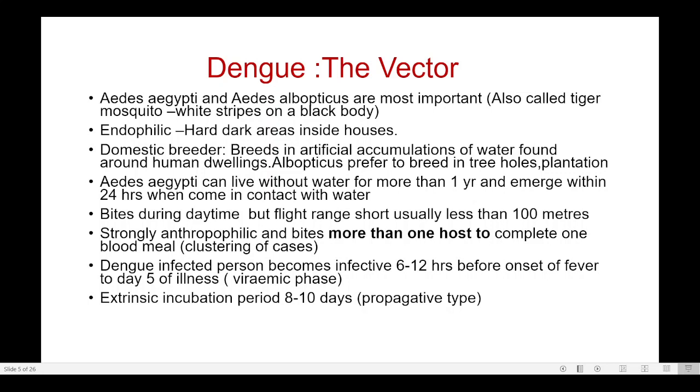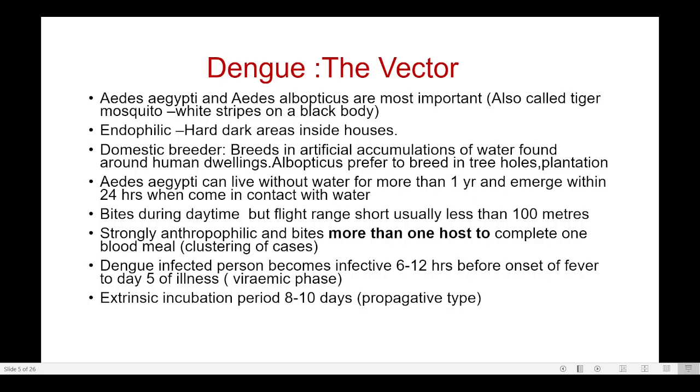They are strongly anthropophilic and bite more than one host to complete one blood meal. This is the reason clustering of dengue cases occurs, due to this specific characteristic feature of the female Aedes mosquito, which bites more than one host to complete one blood meal.